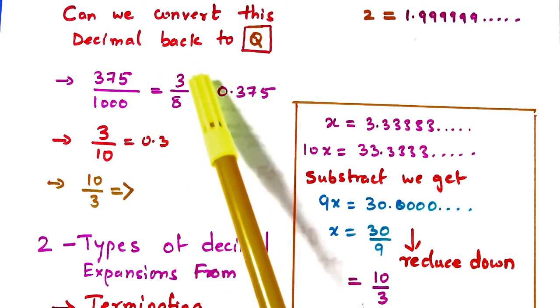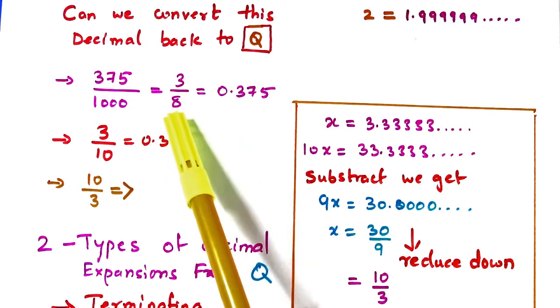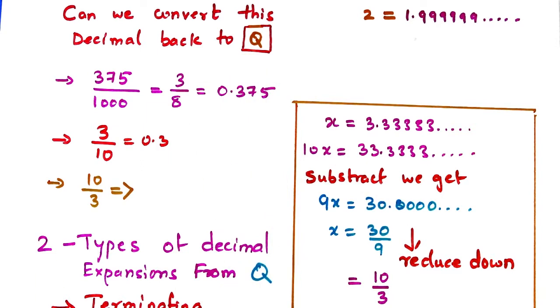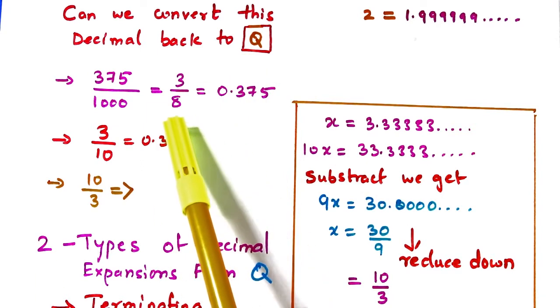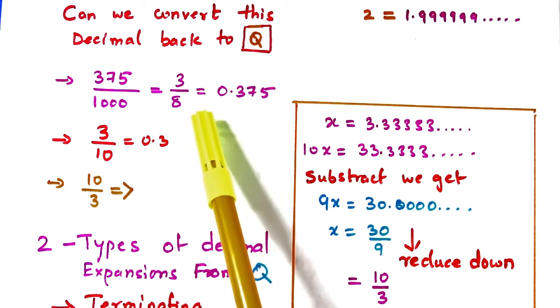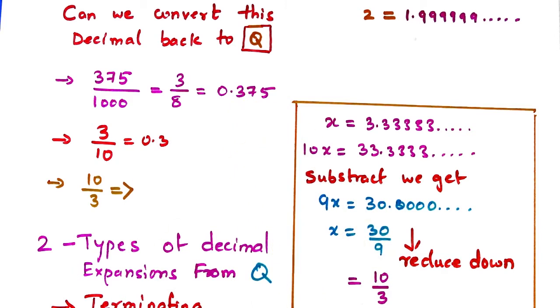So that means I've reached a point where I cannot reduce it down. And as you got to know, every rational number or every fraction of a rational number cannot be reduced even further. So we've got the decimal number for this 3 by 8, that is 0.375.